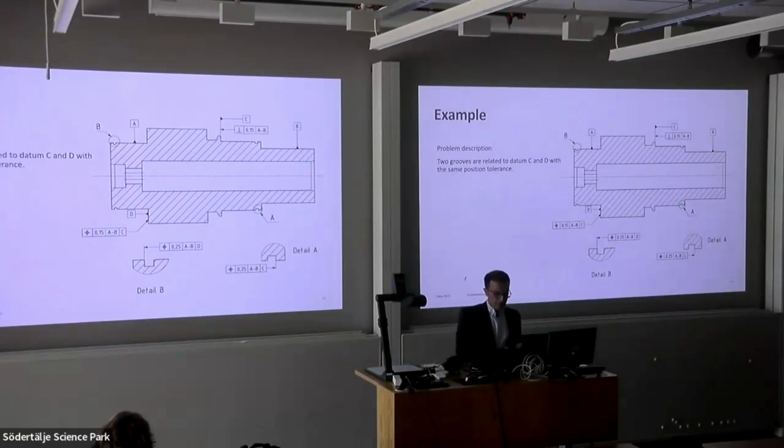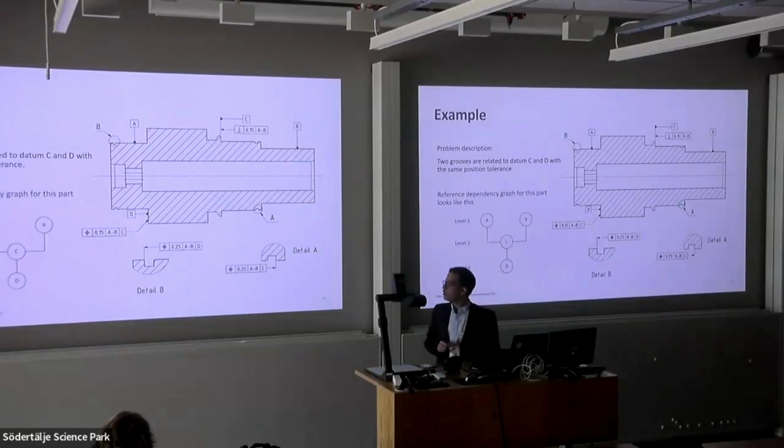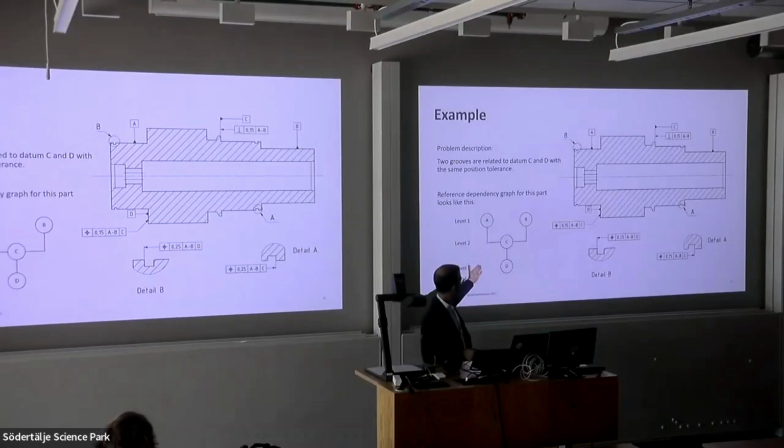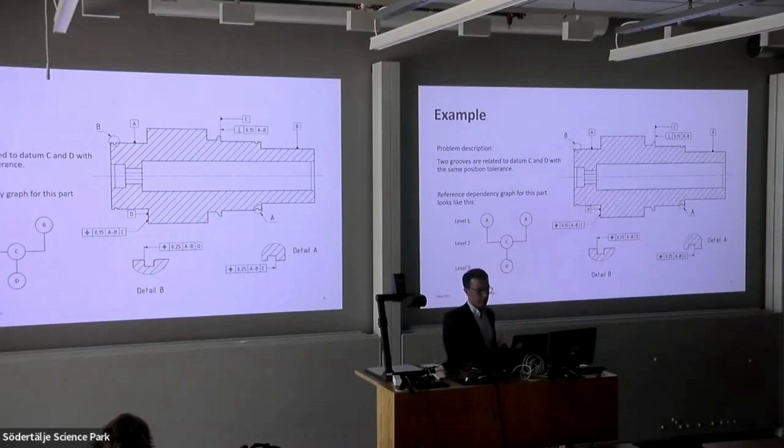But when we check the reference dependency graph, one of them is referred to reference C, that's located in level 2, and the other one is referred to reference D, that's located in level 3. So we would have more challenges toward the groove that's referred to reference D, because it is put in the lowest level.